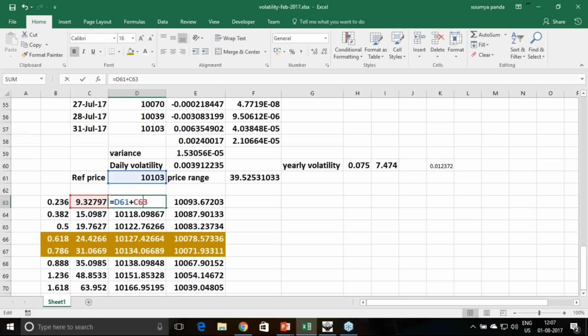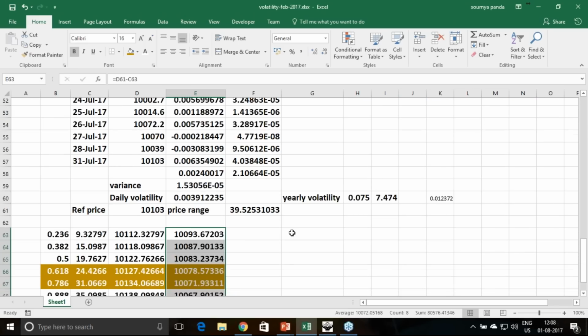To that reference price, I will be adding the Fibonacci price range for each particular Fibonacci ratio to get the uptrend. Same way I will be subtracting the Fibonacci retracement price range from the reference price to get the downtrend. So this is my uptrend price points. This is my downtrend price points. This is what I have got using this 10 days data.